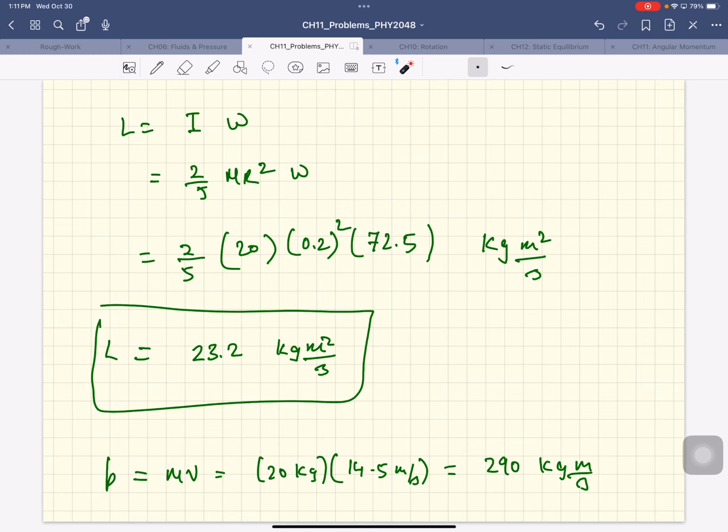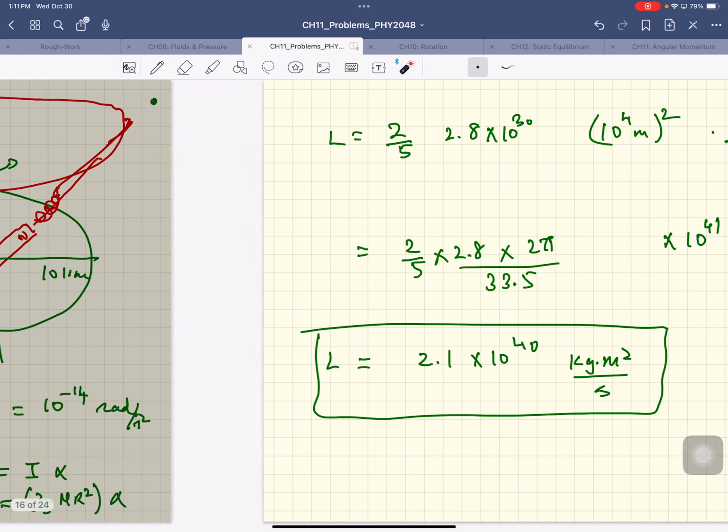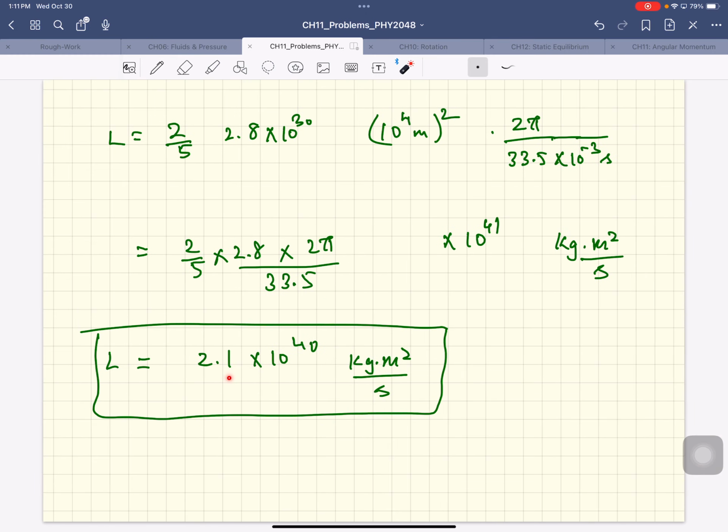So the angular momentum of the pulsar is 10 to the power of 39 times greater. A trillion, 1,000 trillion times greater.